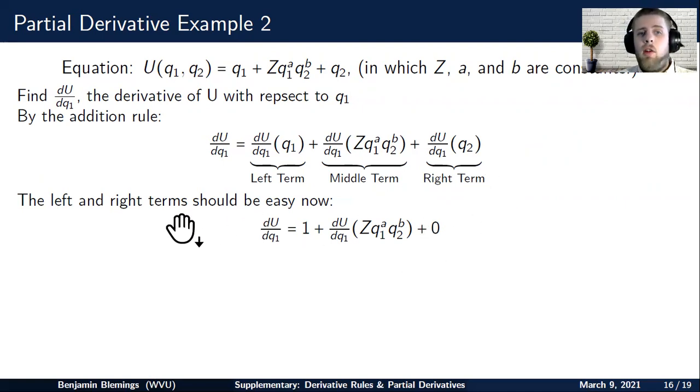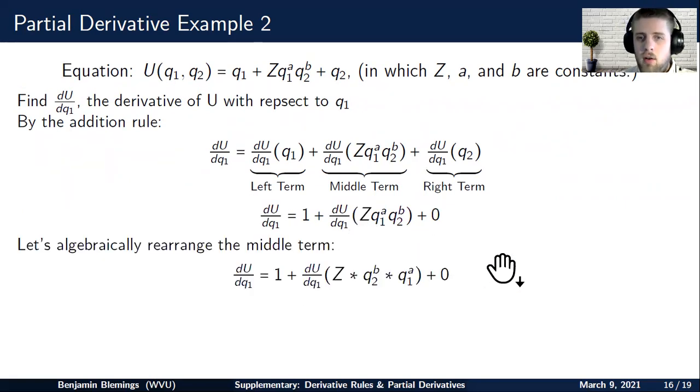Now we have the left and the right terms, and we just need to worry about the middle term, which I'm going to walk us through. First, I want to rearrange it algebraically to z times q2 to the b times q1 to the a. And remember, we're differentiating by q1. So what does that mean for z times q2 to the b?